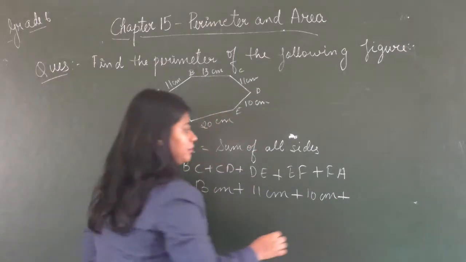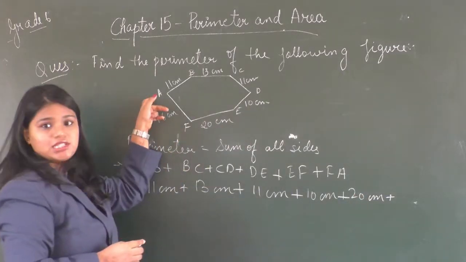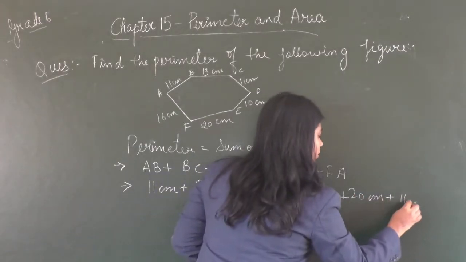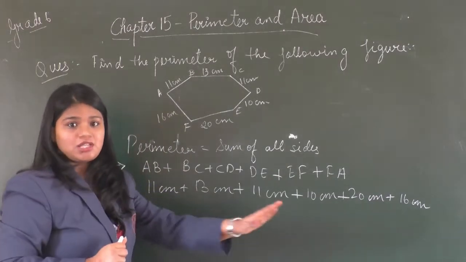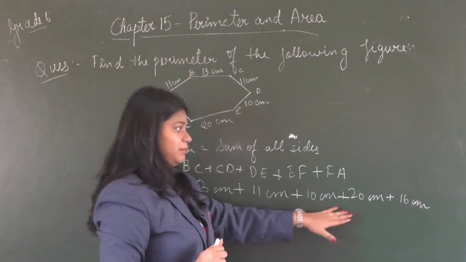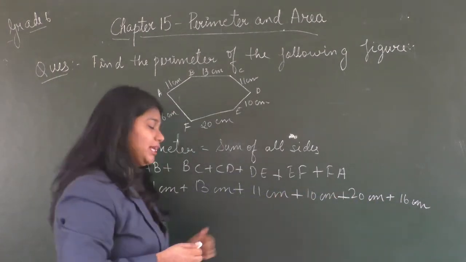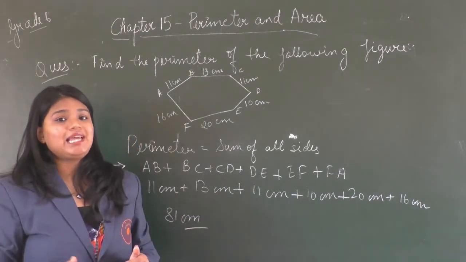EF is 20 centimeter. And last FA is equal to 16 centimeter. So when you add up all these numbers, that is 11 plus 13 plus 11 plus 10 plus 20 plus 16, you get 81, and you will write the unit as 81 centimeter.